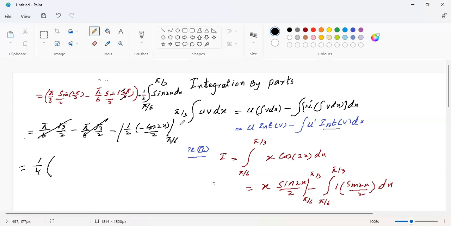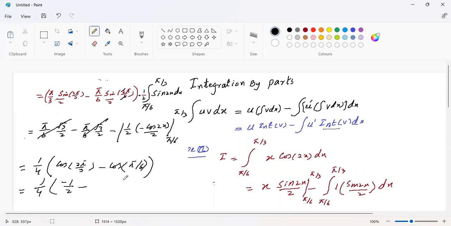And now writing the limits, pi by 3 here, cosine of 2 pi by 3, minus cosine of pi by 6. Interestingly, 1 by 4 times cosine of 2 pi by 3 is negative 1 by 2, because it is an obtuse angle, minus the cosine of pi by 6.